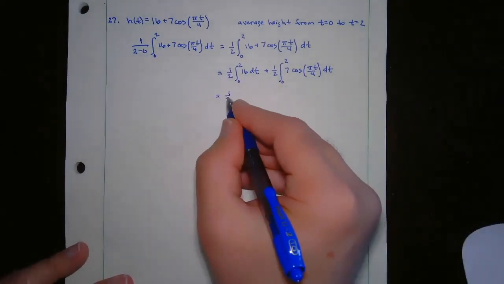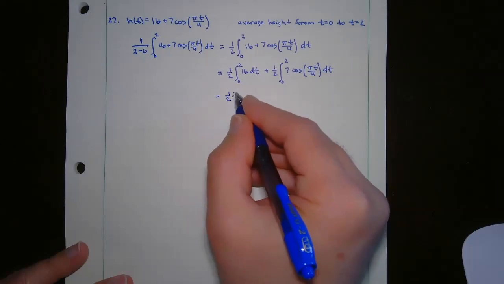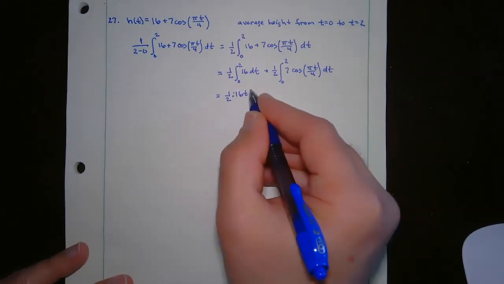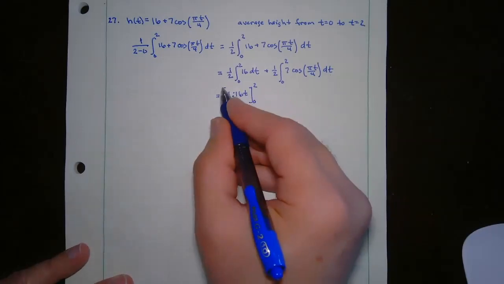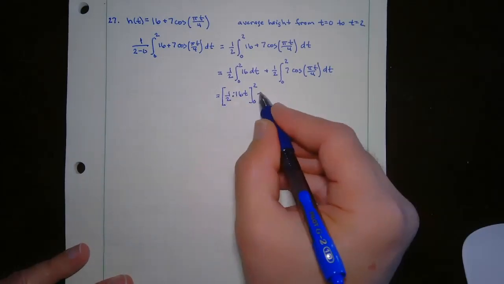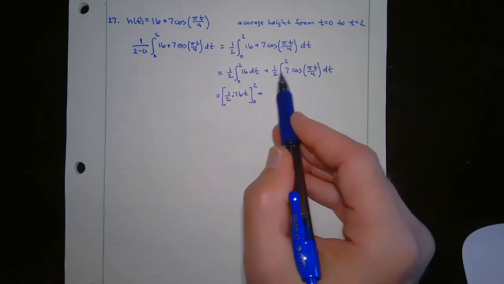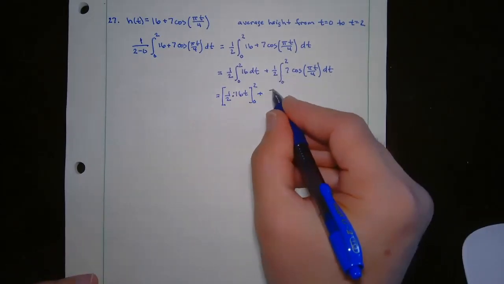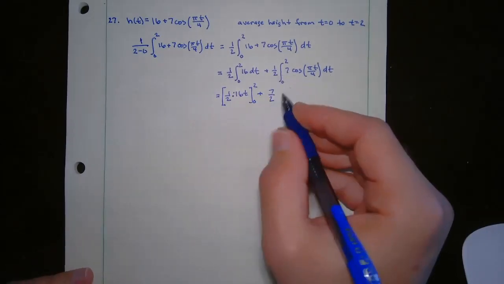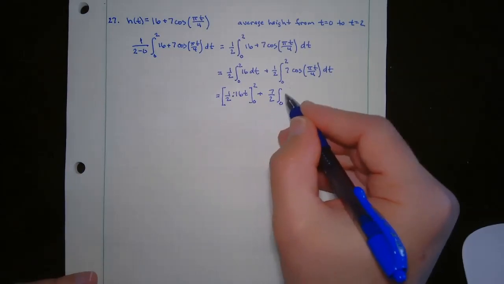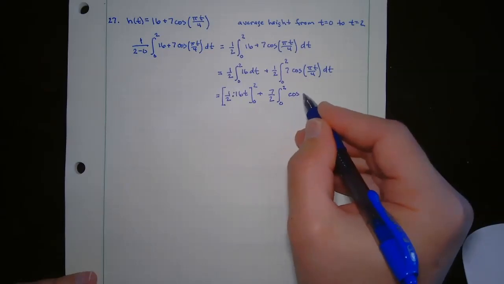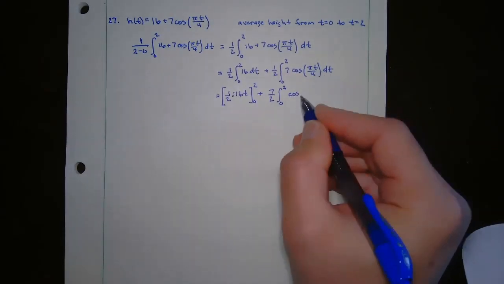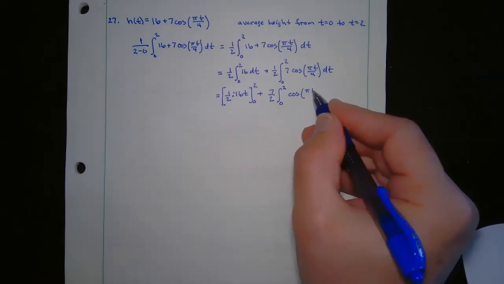So this is going to be 1/2 times 16t evaluated from 0 to 2, and then plus, I'm going to bring the 7 out, so 7/2 the integral from 0 to 2 of cosine of pi t over 4.